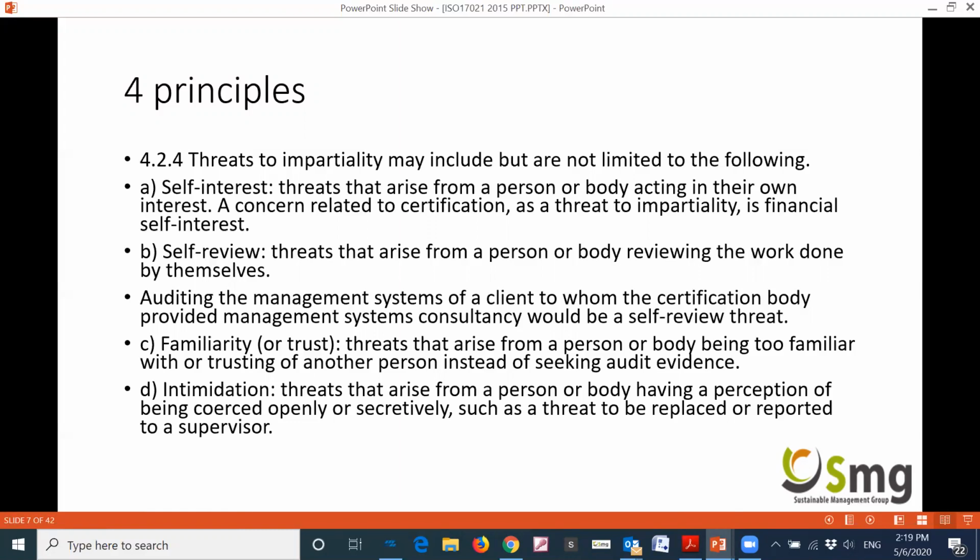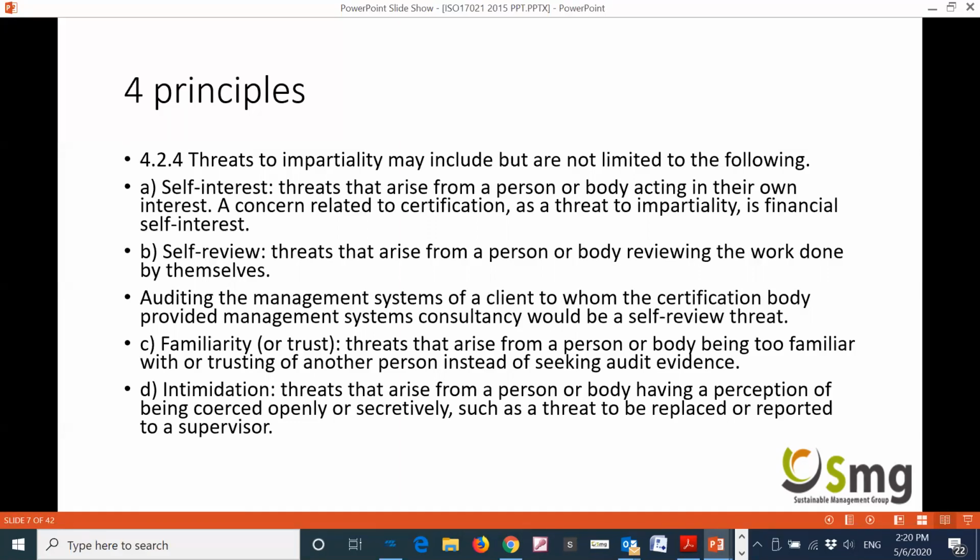So you have to be careful, because you are the owner of the business or the top manager doesn't mean you can review your own work. I'm the owner, okay, I do the review. Yeah, but if I do the audit, someone else has to do the review on my behalf. It cannot be that I review my own work. That's very important, and we need to understand that.